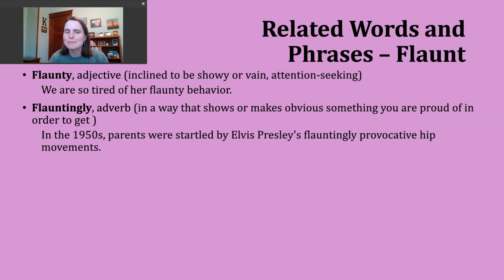An example of this might be, in the 1950s, parents were startled by Elvis Presley's flauntingly provocative hip movements. So, if you don't know who Elvis Presley is, don't worry. But this person had a certain way of dancing that really shocked people, and kind of made others think, wow, that person is really seeking attention.